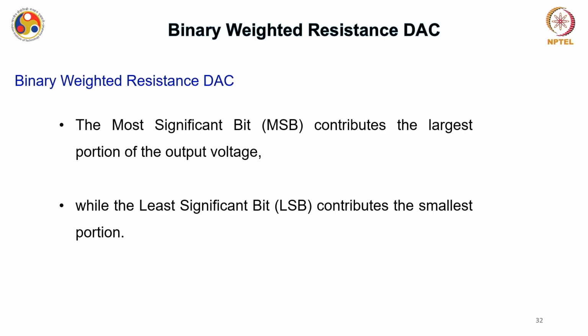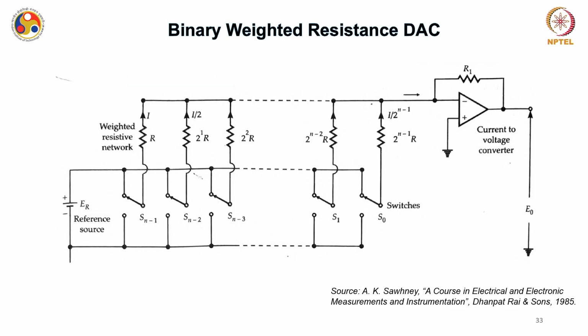The most significant bit contributes the largest portion of the output voltage, while the least significant bit, as the name suggests, contributes the smallest portion.